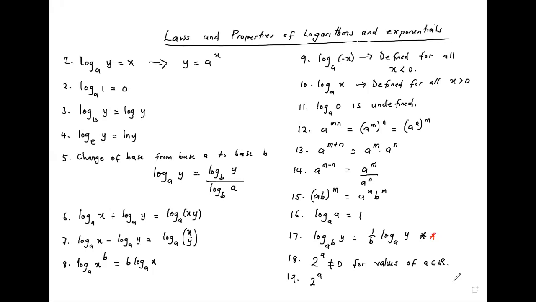So 2 to the power a is always greater than 0 for all values of a. Number 17, I said we put a star, we'll confirm in our example.